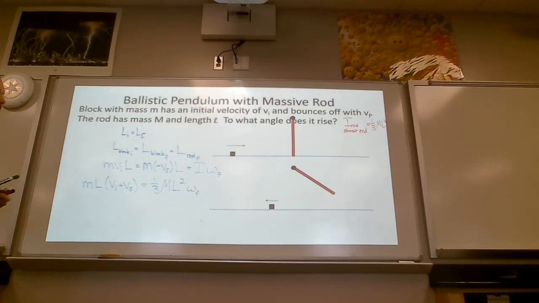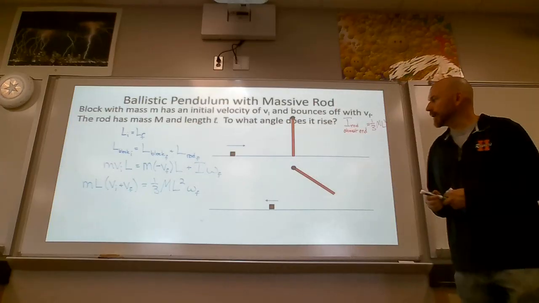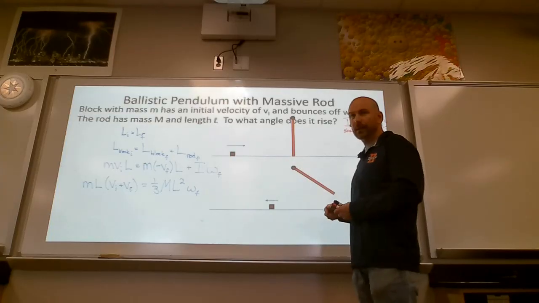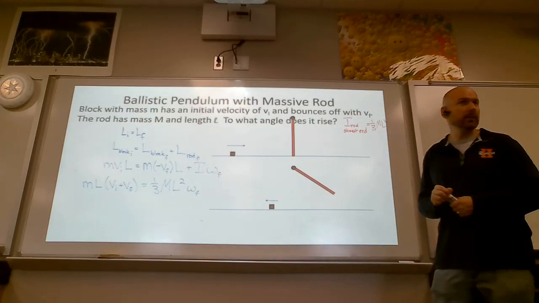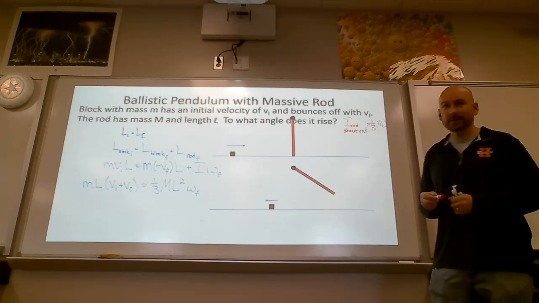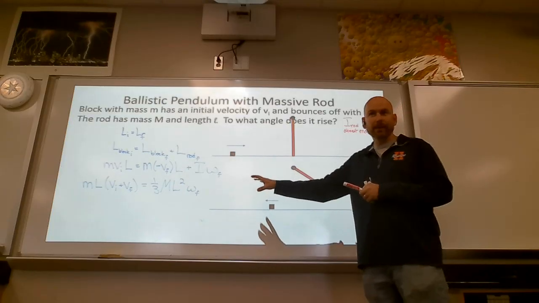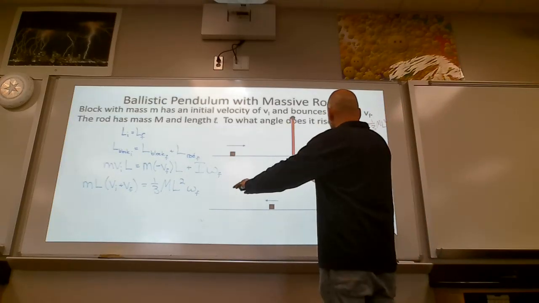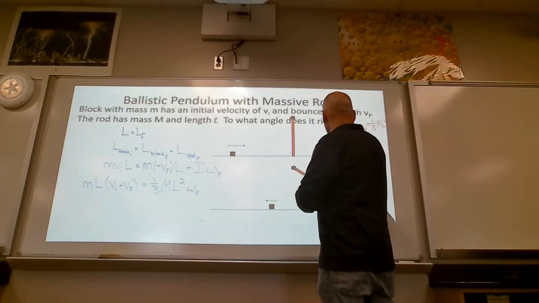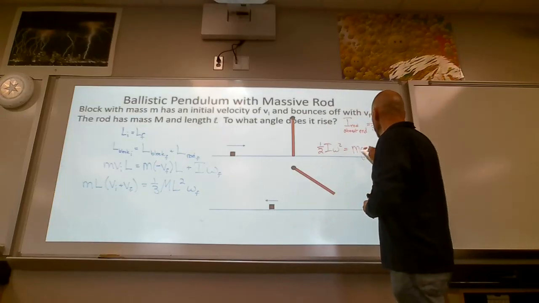And then, once I get the final rotational speed, which is how fast it's going right after the collision, what would I do? Conservation of energy. Now watch this, this is important. Here we've got 1/2 I omega squared equal to mgh.